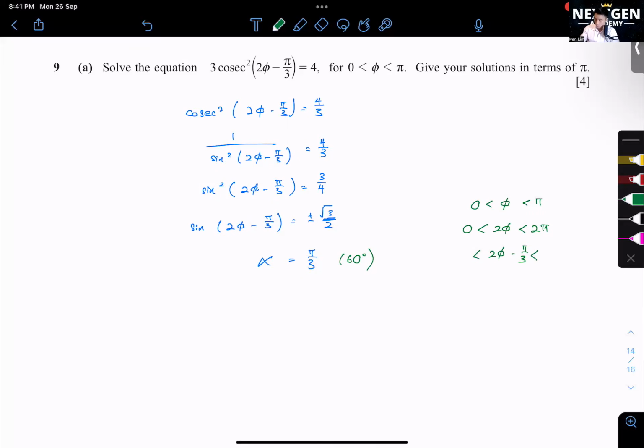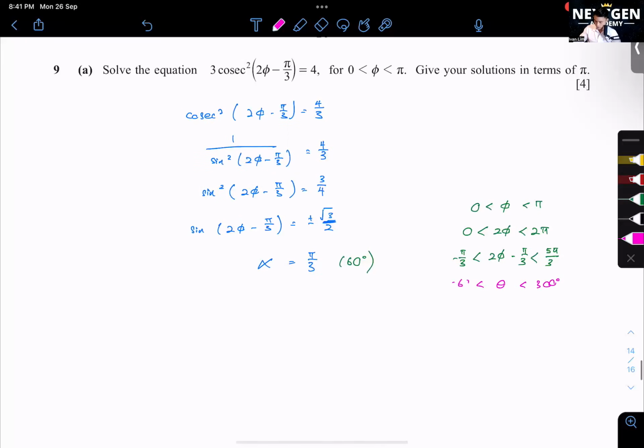So your domain of your angle will be from negative pi over 3 to 5 pi over 3 actually. What is 5 pi over 3? That's until 300 degrees. And this one is until negative 60 degrees.